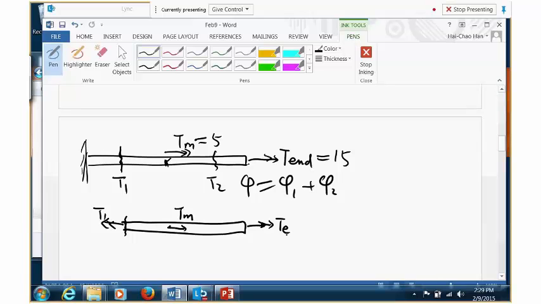Okay. Equation of equilibrium. What's the equation of equilibrium for this one? So negative T1 plus Tm plus T end equals 0. So what's T1 from here? 20. Okay, why is it 20 now?